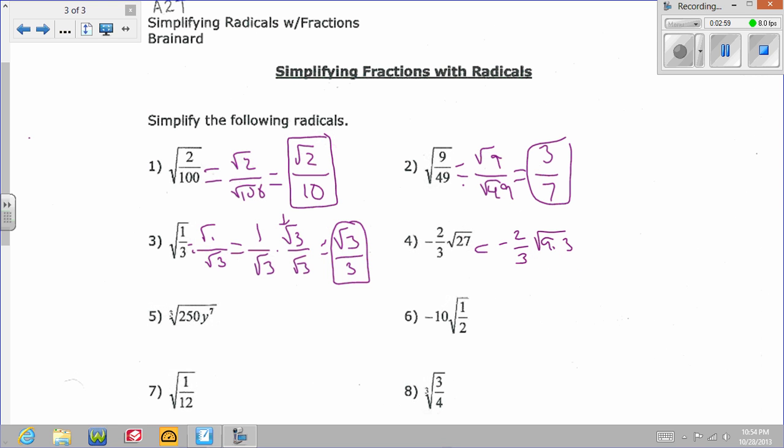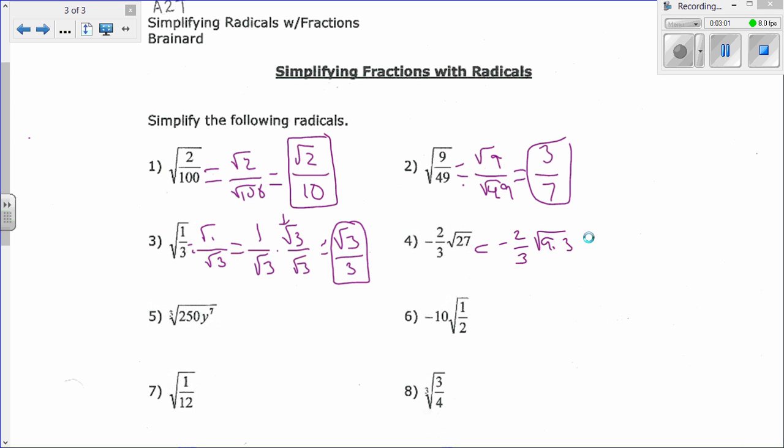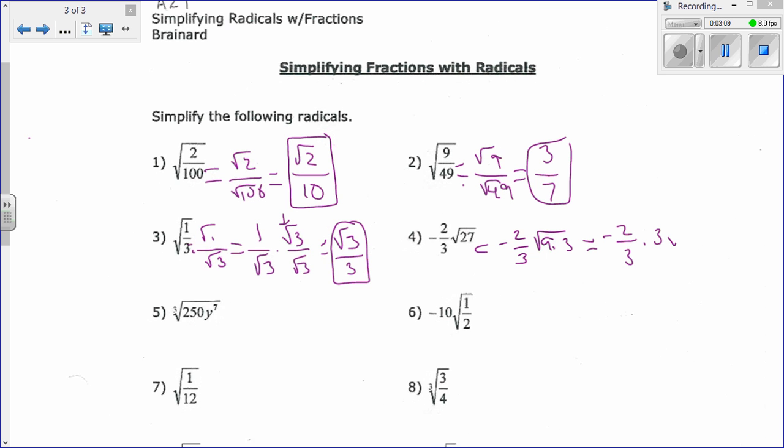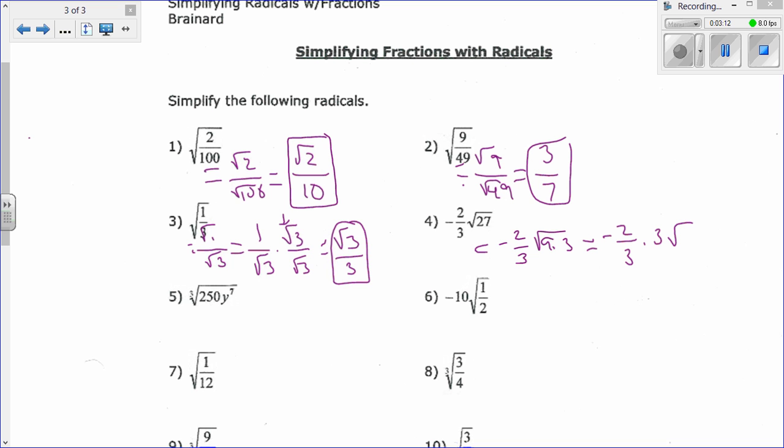And the square root of 9 is 3. So it is negative 2/3 times 3 times radical 3.